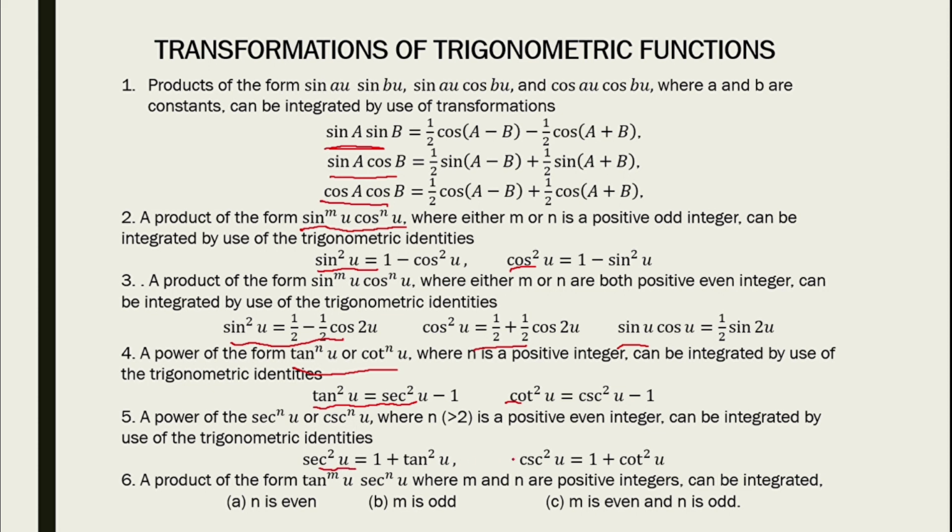We also have the product of the form tan mu sec nu, where n is even, where m is odd, and where m is even and n is odd. These are the transformations that we are going to use in this topic.